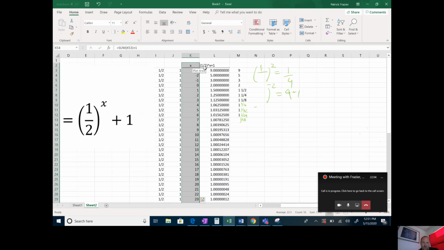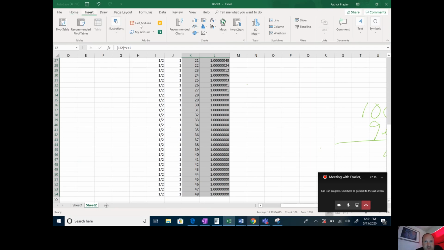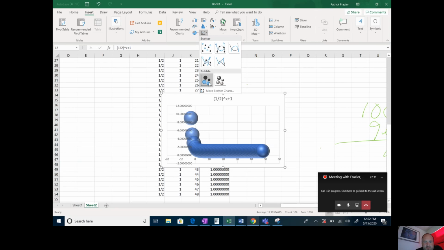I have to hold down the control key on Excel, by the way, to be able to highlight 2 different columns. And I'm going to go to Insert, and then over here for Charts. And I like this one, where it's showing the line and the dots. You get a similar idea with the bubbles.